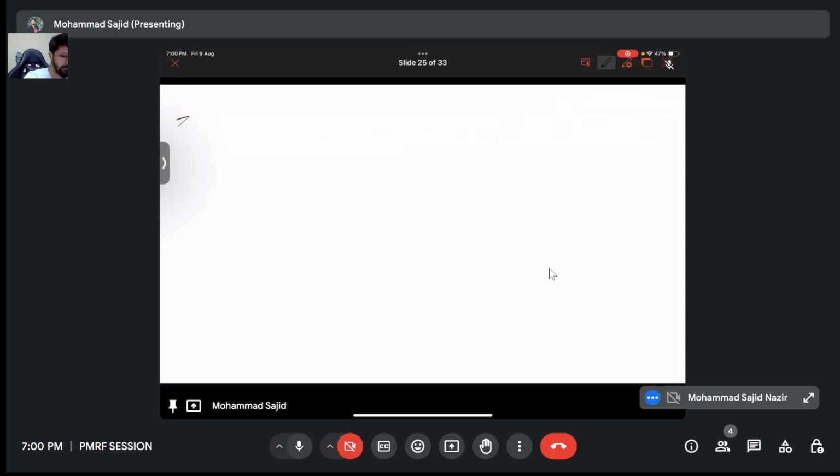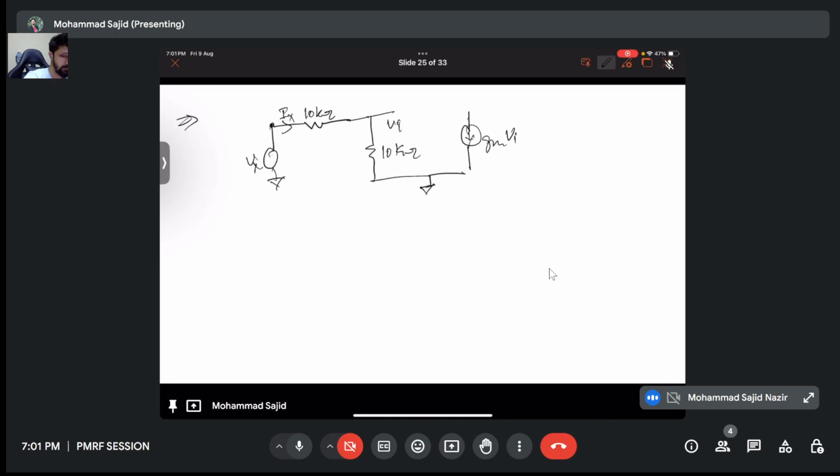So I have here 10 kilo ohm and I apply a voltage of Vx, with current Ix, and I have the parallel combination of 10 kilo ohm, and that's it. Then this is grounded, then we have GM. Let's assume this is VI, GM VI.